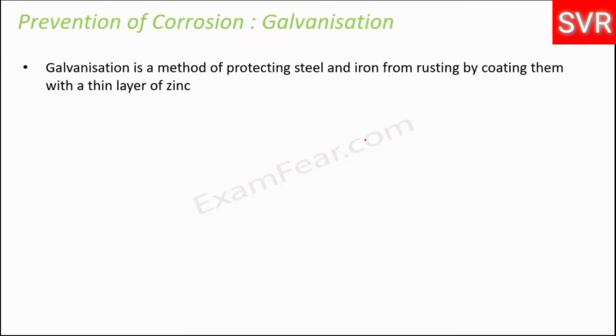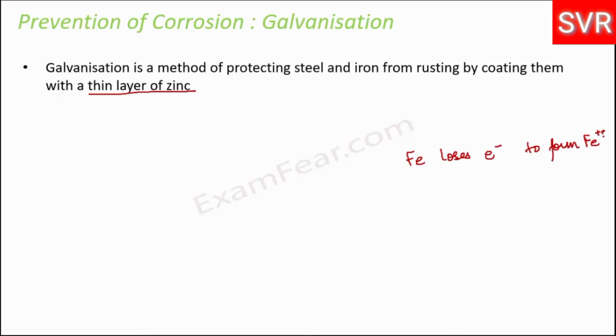Learn about galvanization. Galvanization is a method of protecting steel and iron from rusting by coating them with a layer of zinc. If you put a layer of zinc, you do not see rusting happening even in the presence of water and air. How? That's the most important question. Normally, iron loses electrons to form Fe++, right?